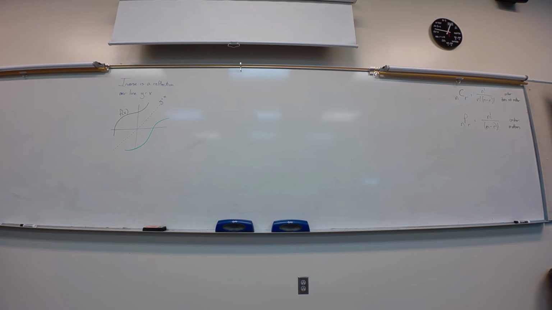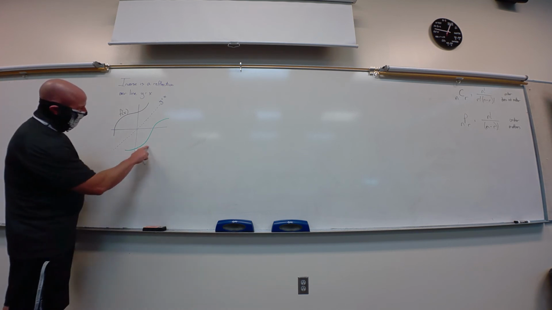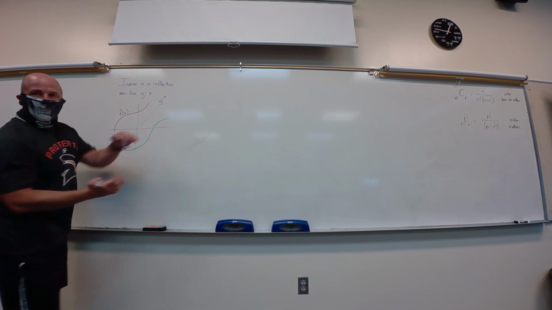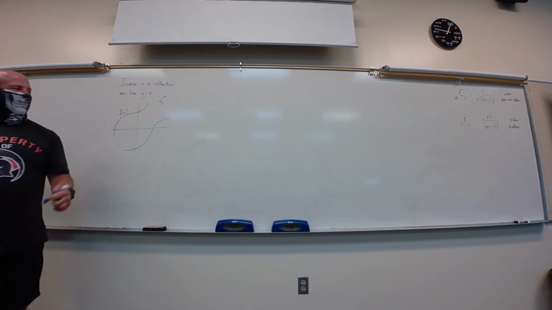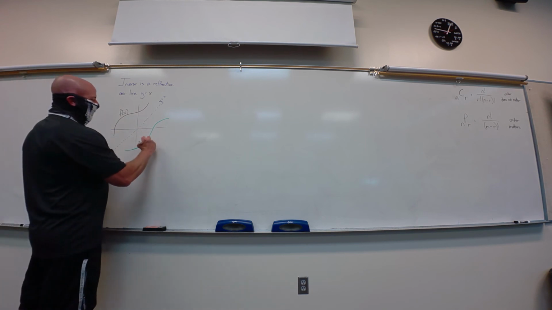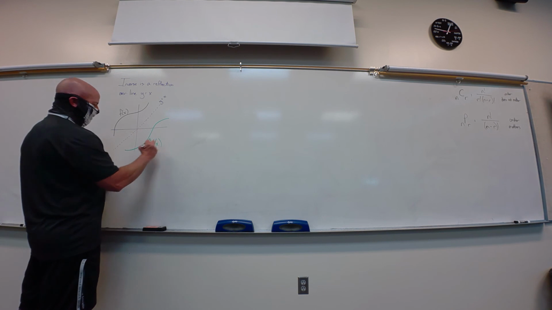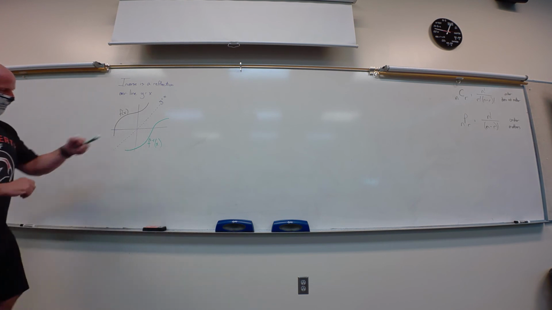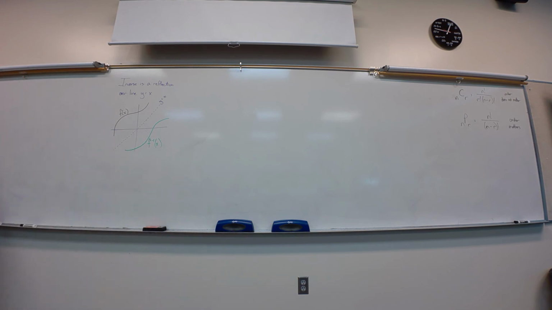Does that make sense? This thing's flipping over and going to become that. This is what we would call the inverse function. So the inverse would be that little -1 exponent. That's going to refer to our inverse.